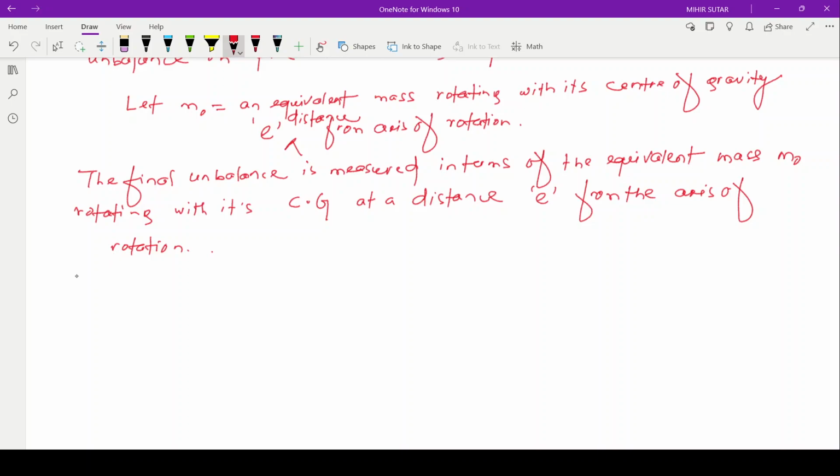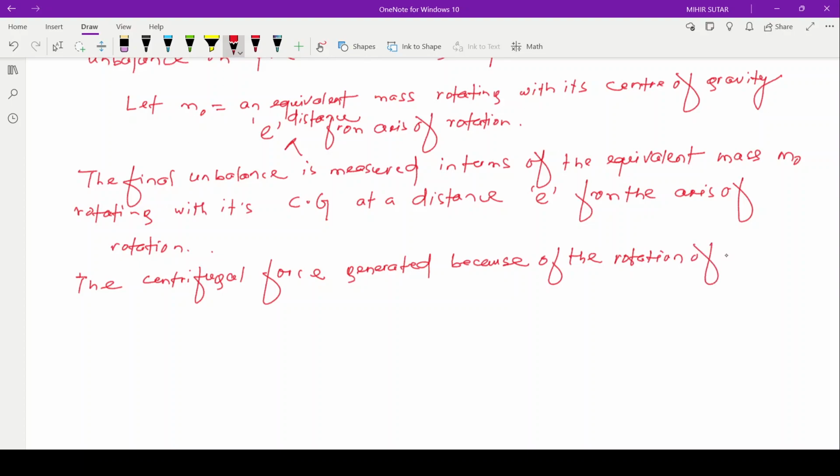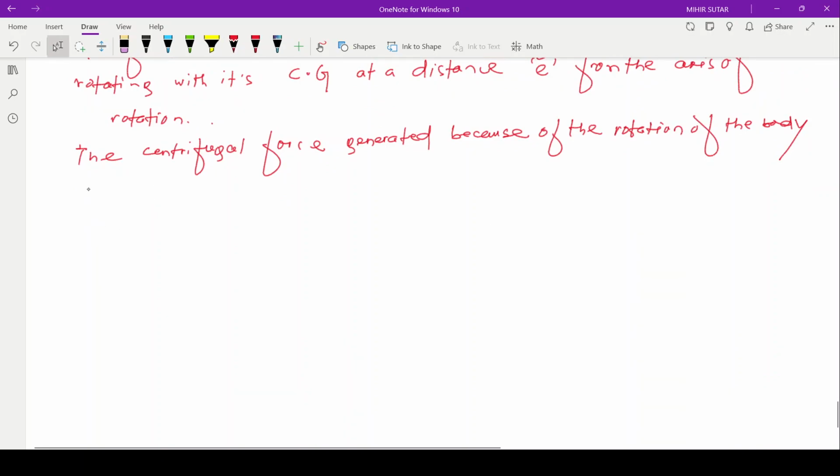Now the centrifugal force generated because of the rotation of the body is proportional to the square of the frequency of rotation.